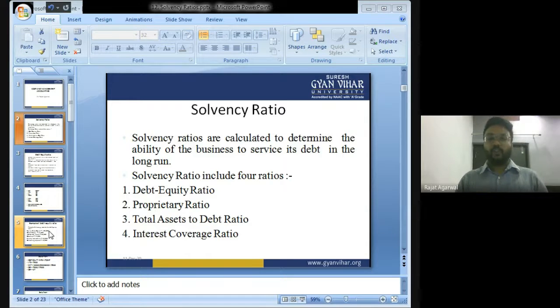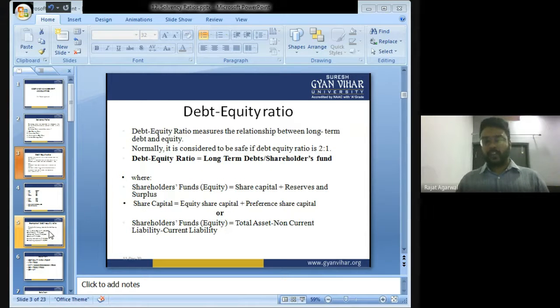Solvency ratio includes four ratios: debt equity ratio, proprietary ratio, total asset to debt ratio, and interest coverage ratio. Now, what is debt equity ratio? Debt equity ratio equals long-term debt divided by shareholder fund.